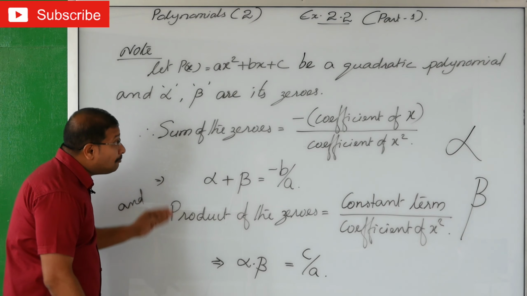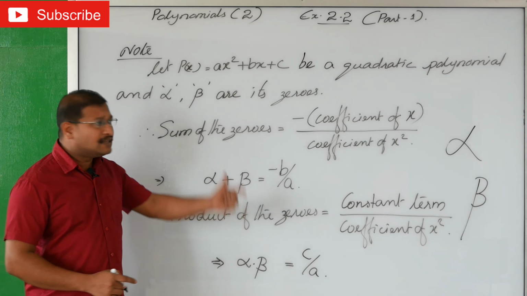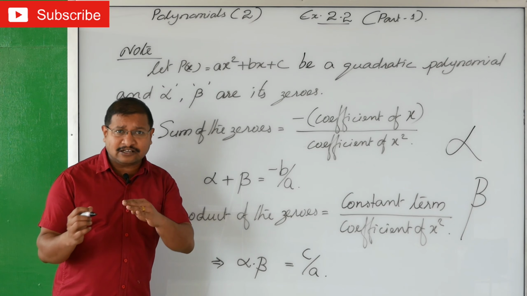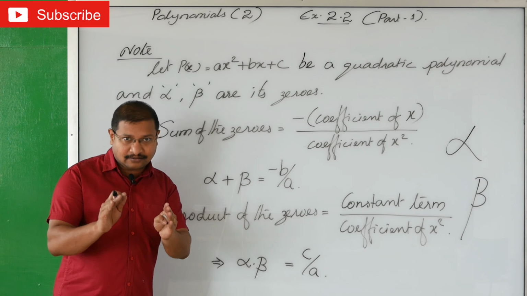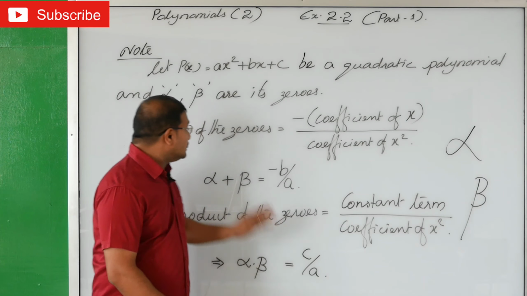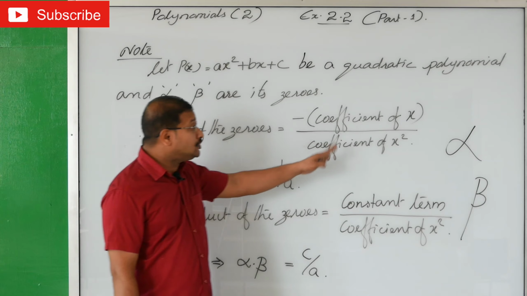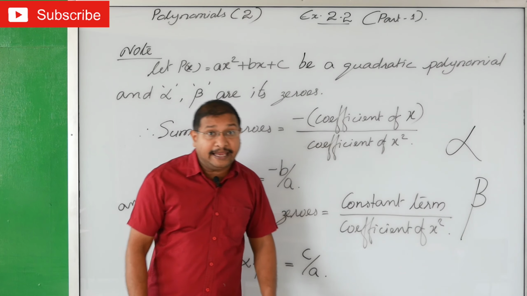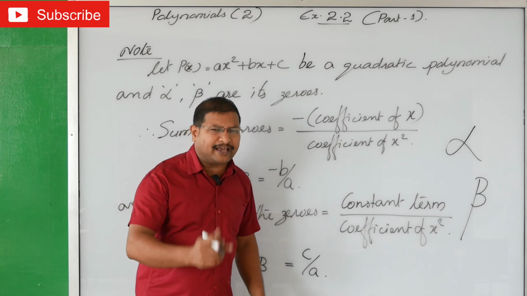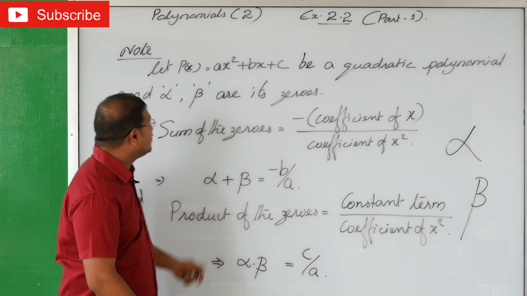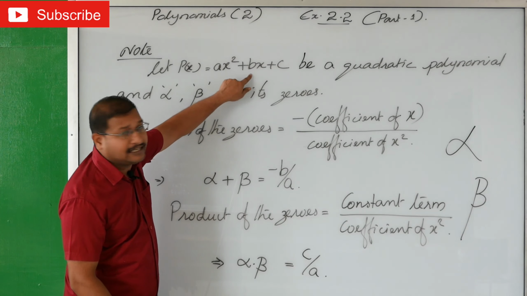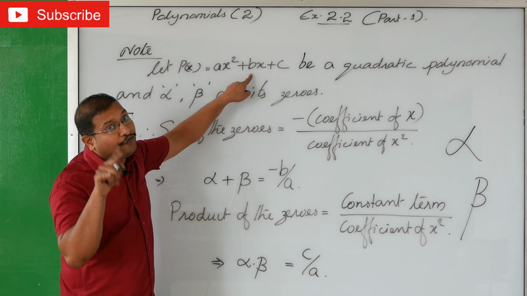First one, sum of the zeros. That means that two zeros are adding. So that formula is sum of the zeros equals minus of coefficient of x divided by coefficient of x square. Which is near to x, that is called the coefficient of x.